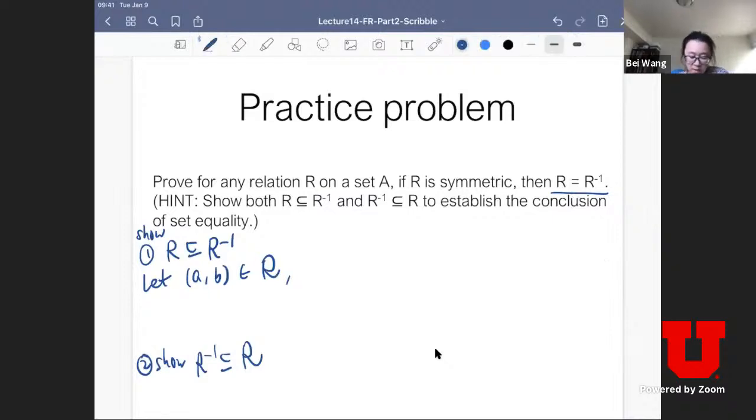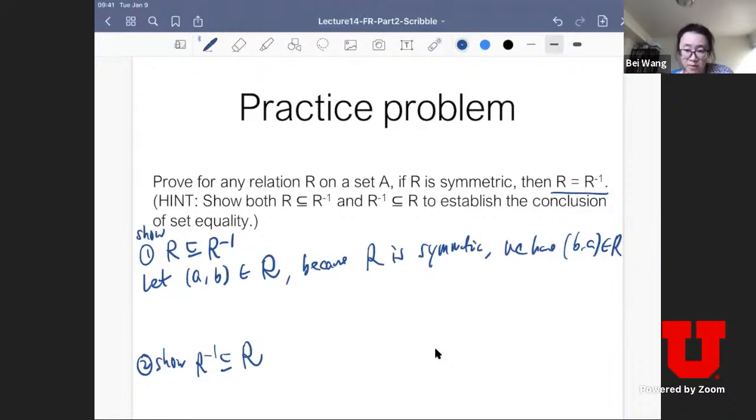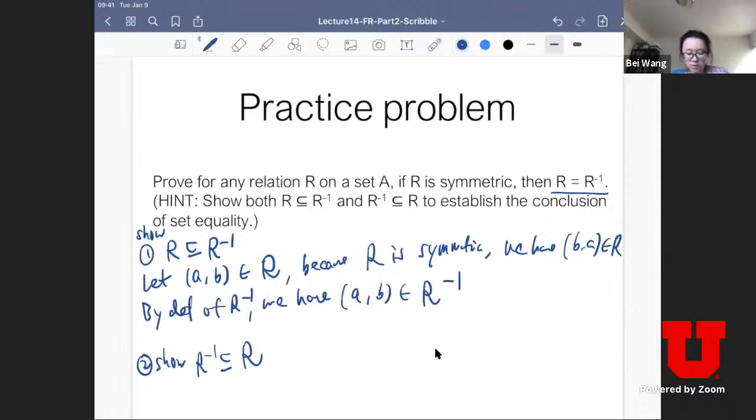If I start with (a, b) in R, because R is symmetric, we have (b, a) is also in R. This is just using the symmetric property of R. And now we use the definition of R inverse: because (b, a) is in R, if and only if (a, b) is in R inverse. So we start with (a, b) in R and arrive at (a, b) in R inverse. Then we have R is a subset of R inverse.